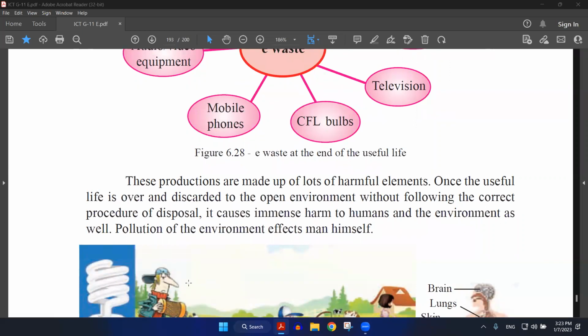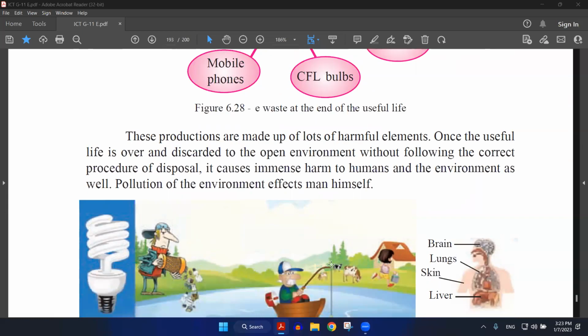We can't dump them as we manage all other waste, right? So there should be a specific way to manage electronic waste.